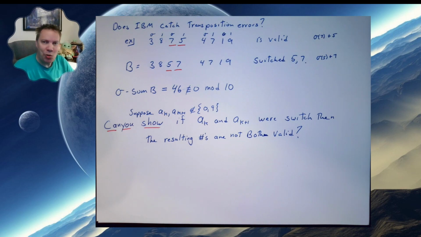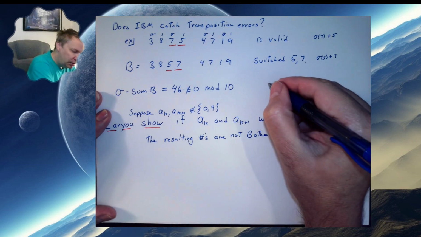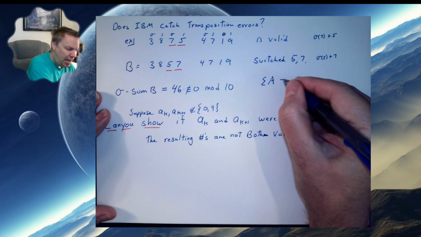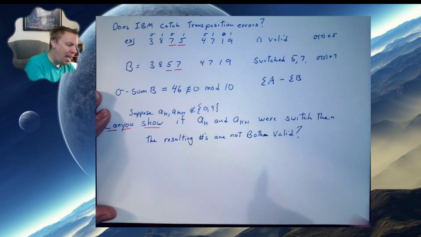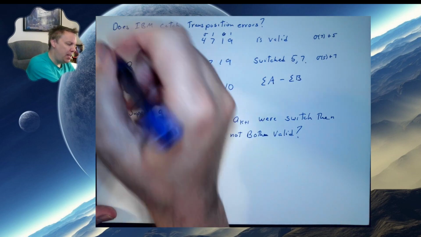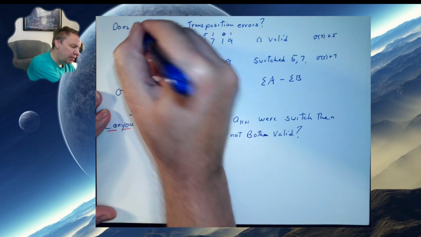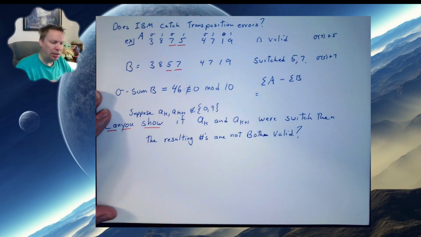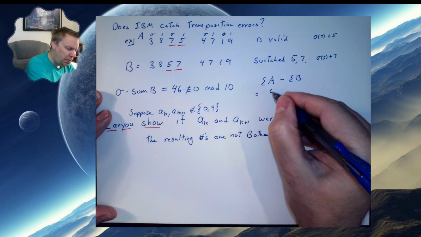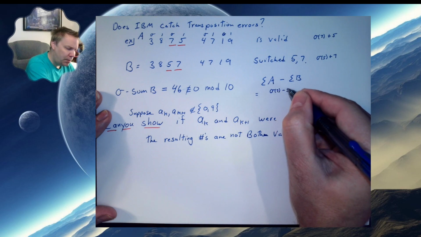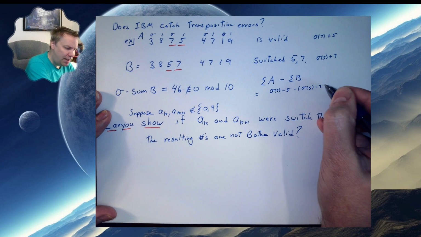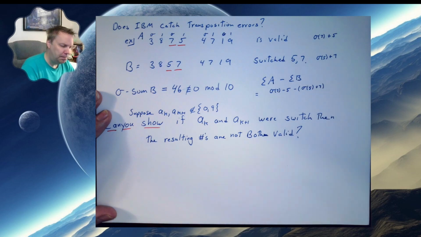So when I subtract these two, the sigma sum for A minus the sigma sum for B, where I'm calling this top number A, what's my result? My result is going to be sigma of 7 minus 5 minus sigma of 5 plus 7.